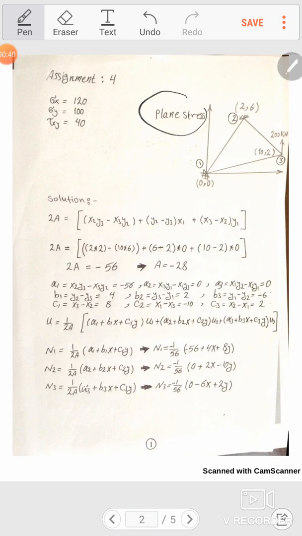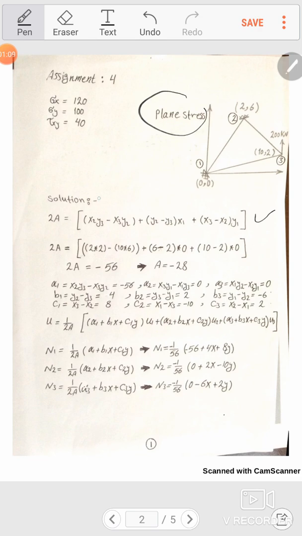So first of all we should find the area of the shape. So by using this rule, depending on x and y for each point. As you see here, for node number 1, we use x2 y3 minus x3 y2.